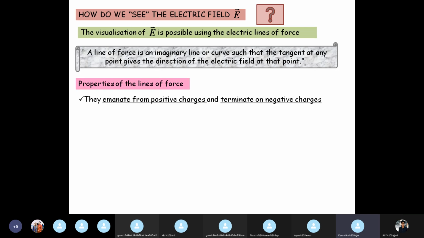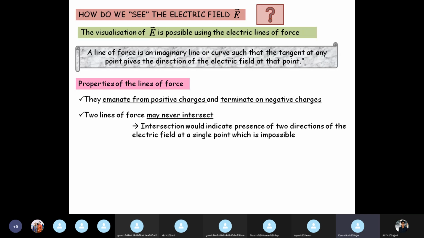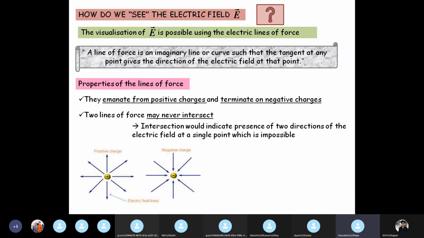So what are the properties of the lines of force? They start from positive charges and terminate on negative charges. Two lines of force may never intersect because intersection would indicate presence of two directions at a single point, which is impossible.